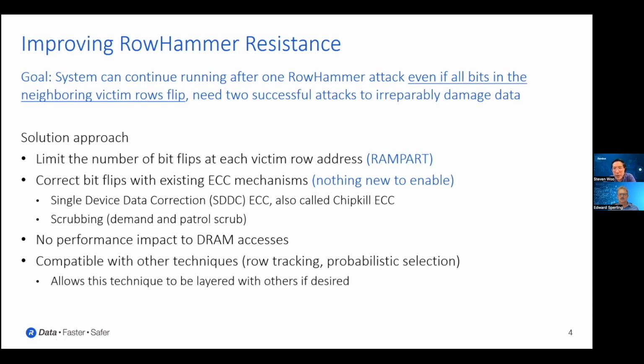The other thing that's interesting about this technique is it's compatible with a lot of the other mechanisms that people have proposed either in literature or that we've seen in the DRAM specs for DDR4 and DDR5. So it really allows this technique to just layer on top and provide yet another layer of security on top of what's already there.